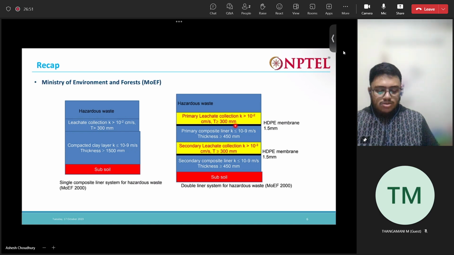So you can see the secondary composite liner, then we have the leachate collection system, then the primary composite liner. In between this we have the HDPE geomembranes. Again we have a collection system, and then above that we put the hazardous waste layer. Okay, so quite a thick protection system is there.